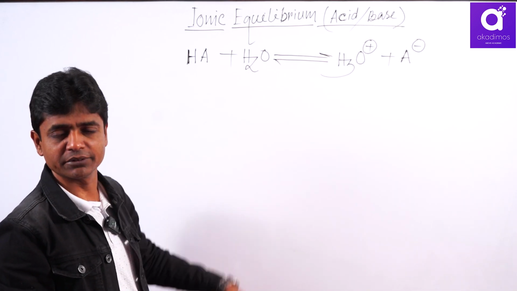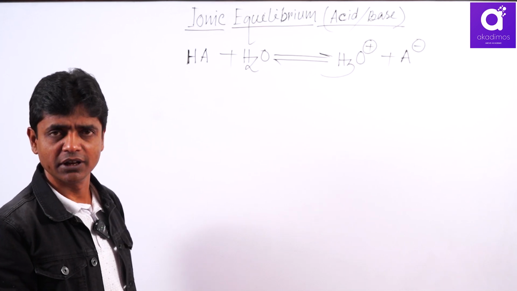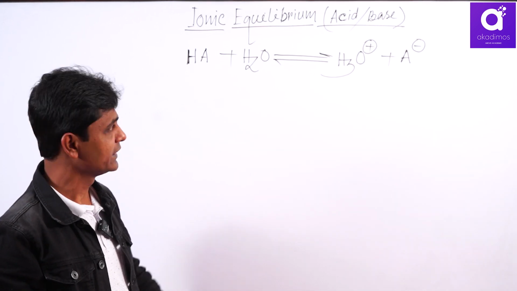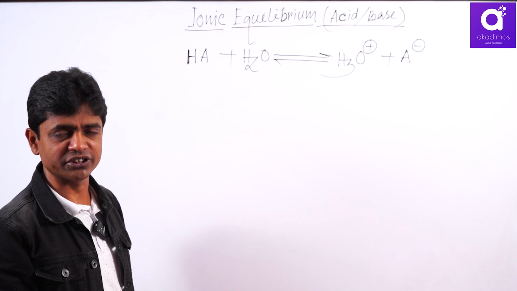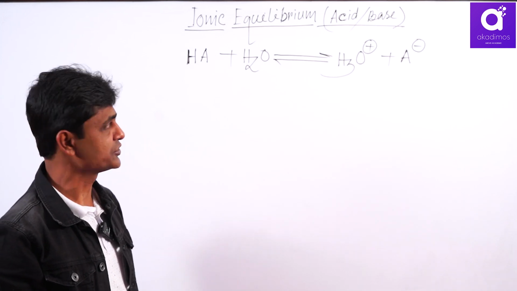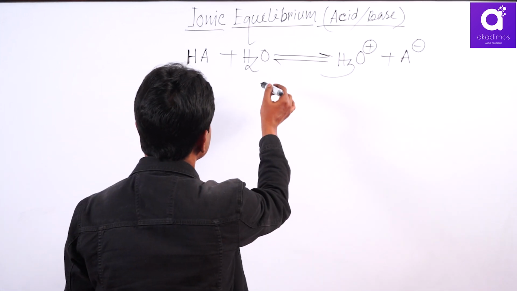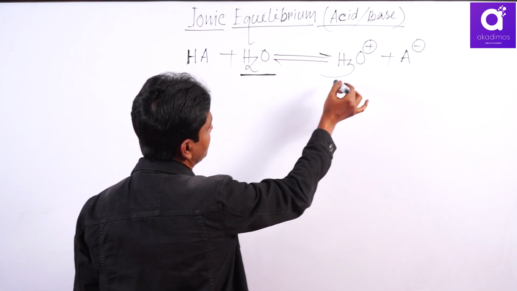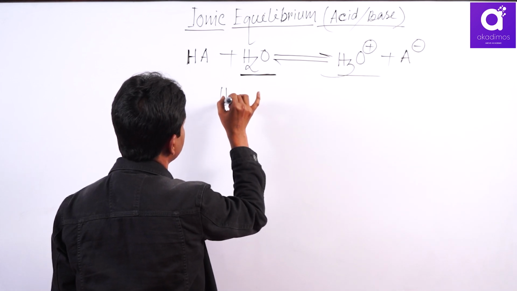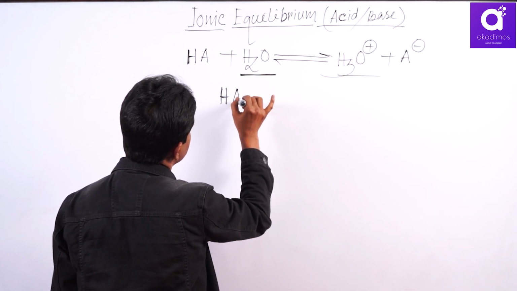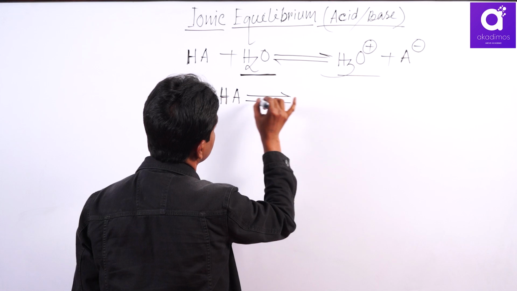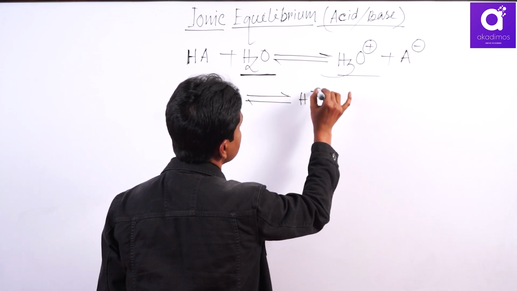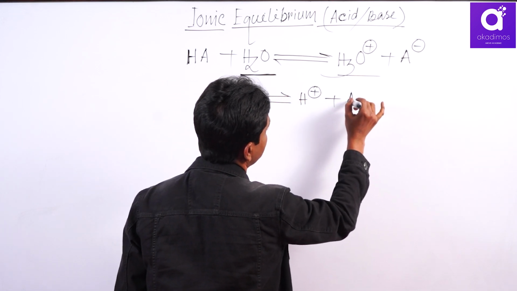It will follow a mathematical restriction, that is the equilibrium constant. Here the dissociation equilibrium constant of the acid is only a function of temperature. Now, for simplicity, you can eliminate water from both sides. Simply you can write HA reversible H plus A minus.